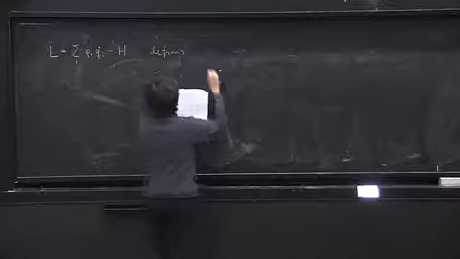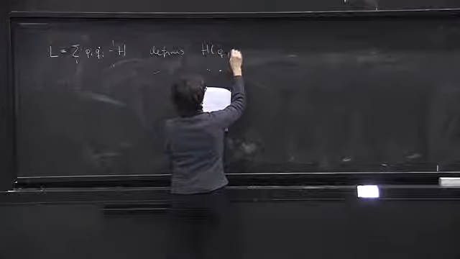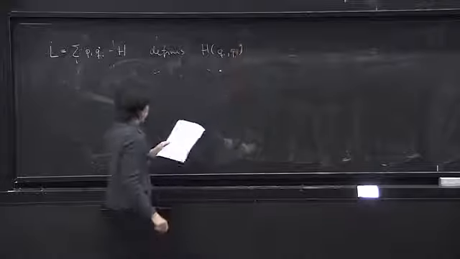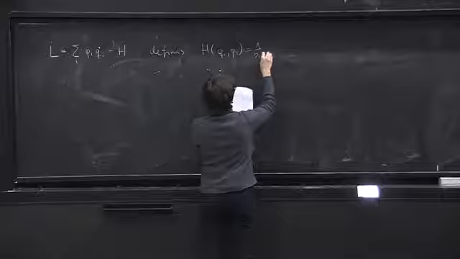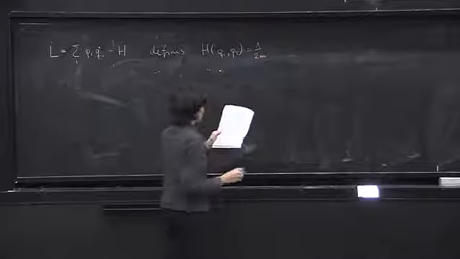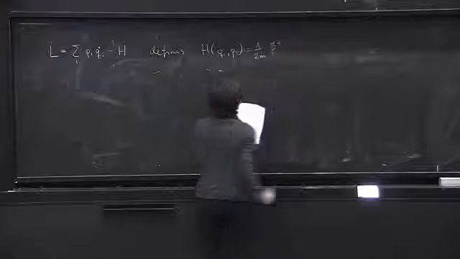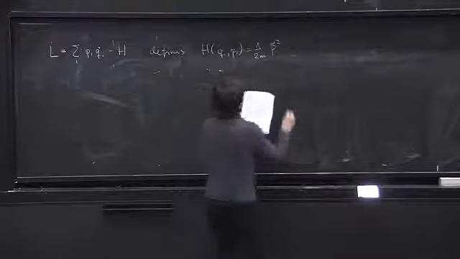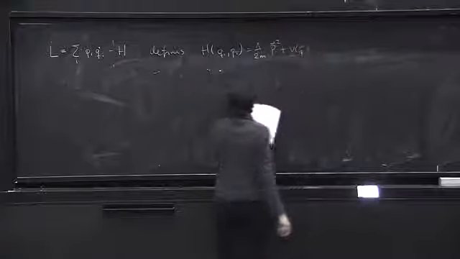So that's the Hamiltonian of my finite dimensional system, which is written as a function of the q's and the p's. And for this particular case it is given as 1 divided by 2m, p vector squared, so this is just a vector over all the i's, plus V of q.